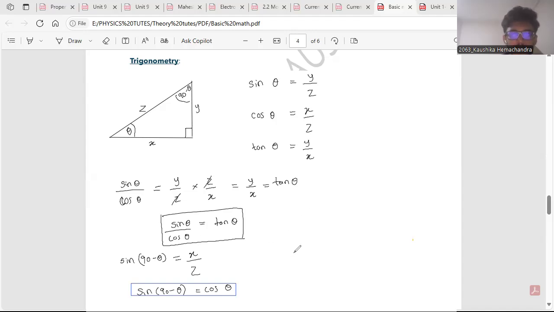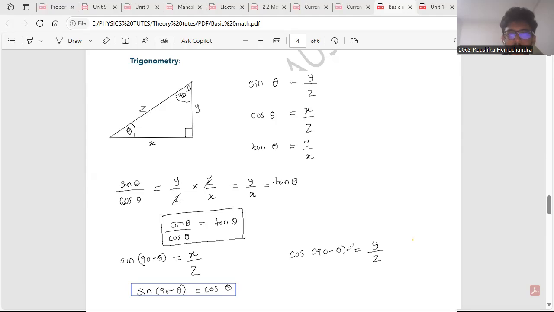What about cos 90 minus theta? What is cos of 90 minus theta? It is adjacent over hypotenuse. Adjacent for 90 minus theta is y. Hypotenuse is the same. So that is y over z.